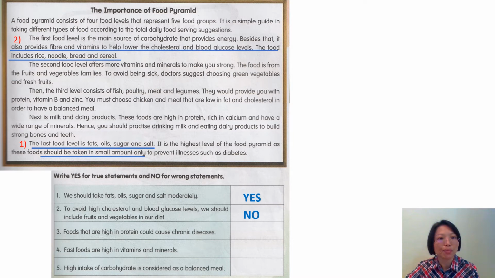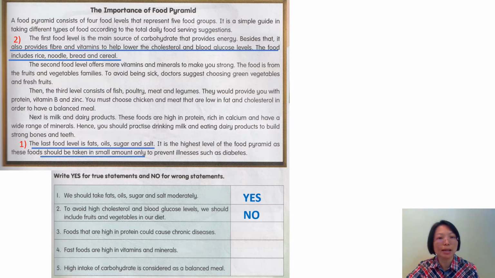Okay, so for statement number 2, when it says that if you want to avoid high cholesterol and blood glucose level, we should include fruits and vegetables in our diet, the answer is no, because according to paragraph 2, the first food level is the main source of carbohydrates that provide energy. And it also provides fiber and vitamins to help lower the cholesterol and blood glucose levels. And the food includes rice, noodle, bread, and cereal. Okay, so it does not include fruits and vegetables here.